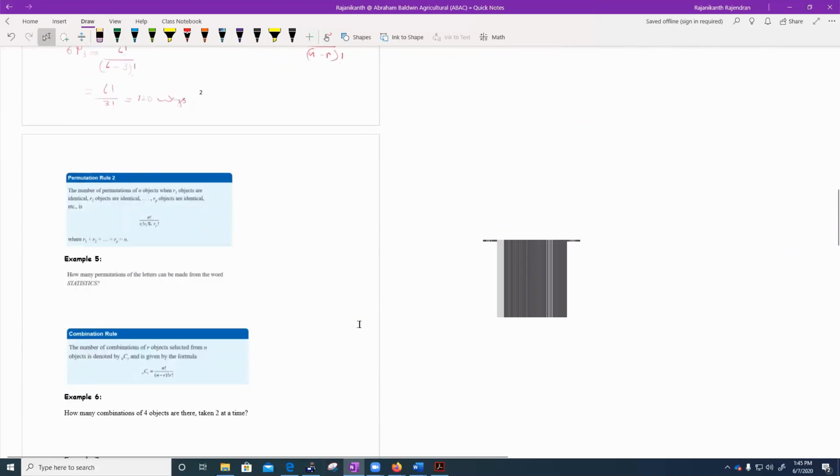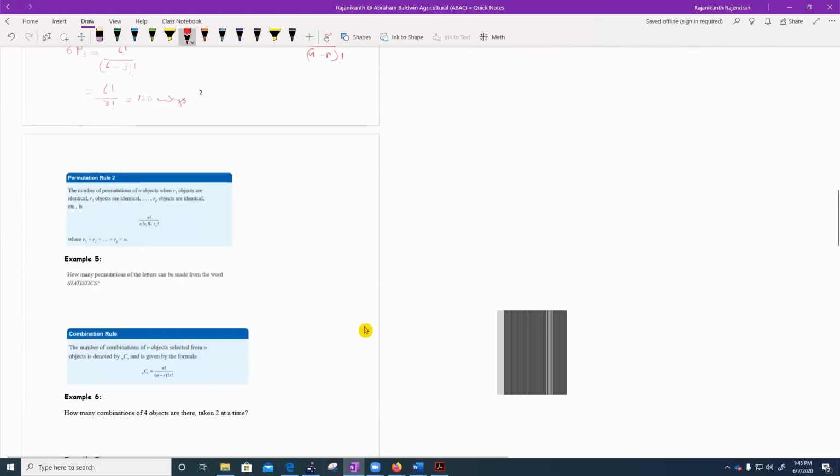Now the next rule, rule number 2. Rule number 2 says the number of permutations of n objects, when r1 objects are identically the same and r2 objects are identically the same, so there are several objects repeating, up to rp objects.